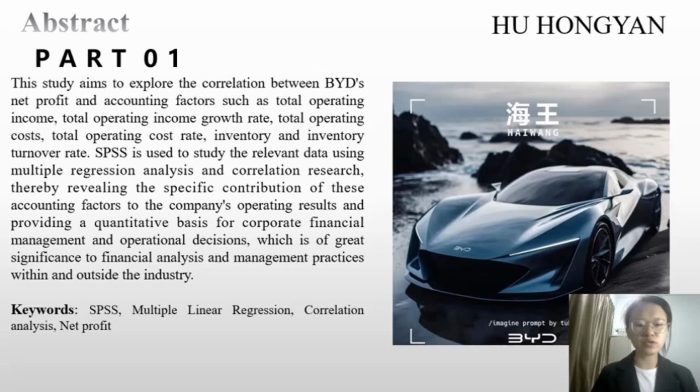SPSS is used to study the relevant data using multiple regression analysis and correlation research, thereby revealing the specific contribution of these accounting factors to the company's operating results, and providing a quantitative base for corporate financial management and operation decisions, which is of great significance to financial analysis and management practice within and outside the industry.